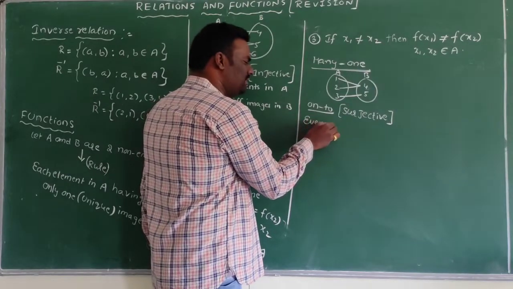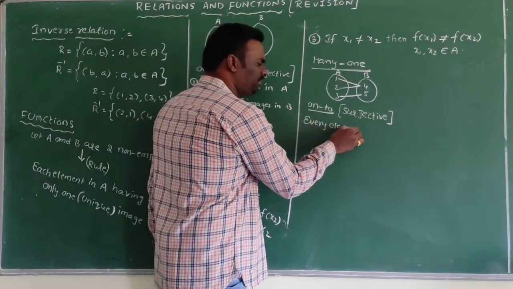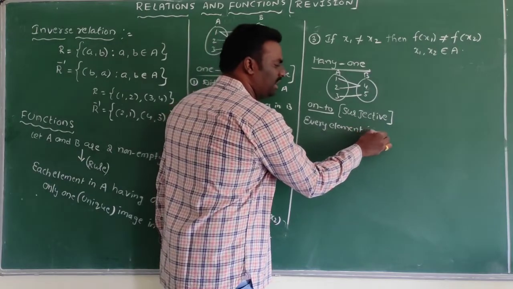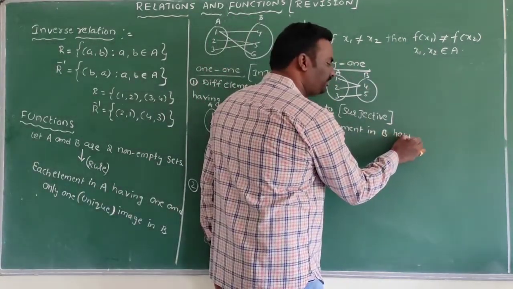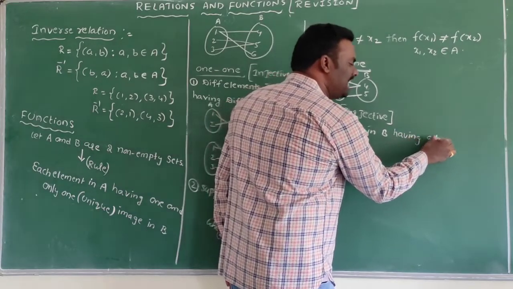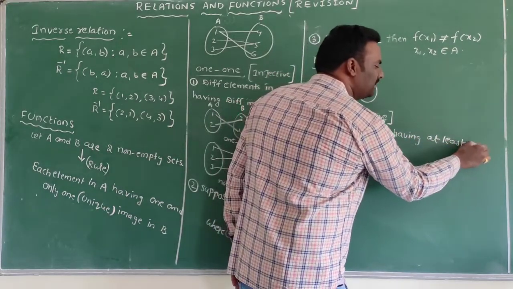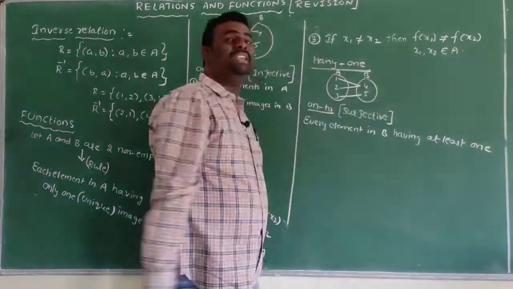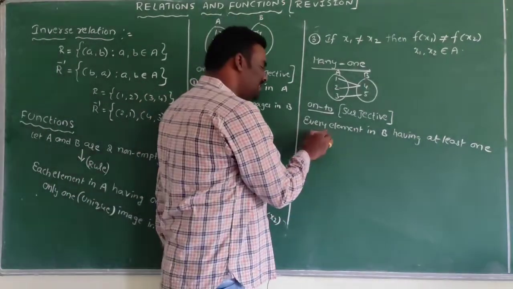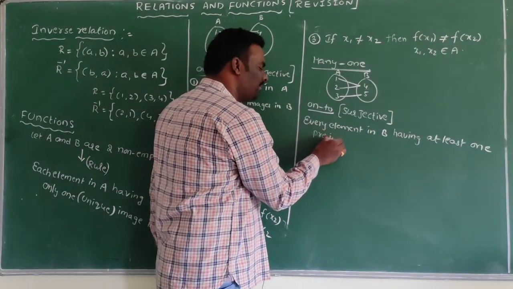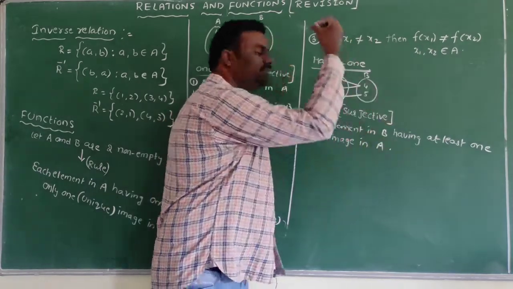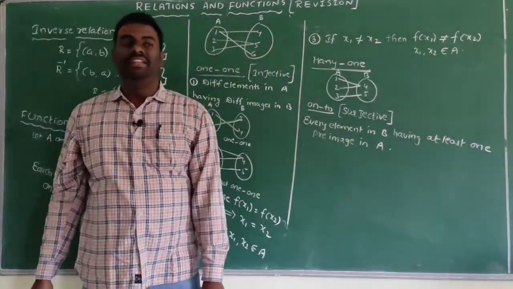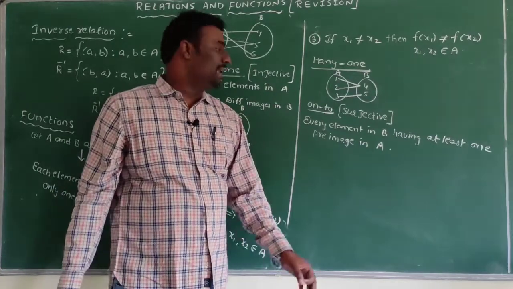Every element in set B having at least 1 preimage. Every element in set B having at least 1 preimage in set A.